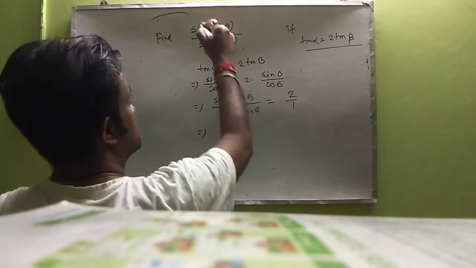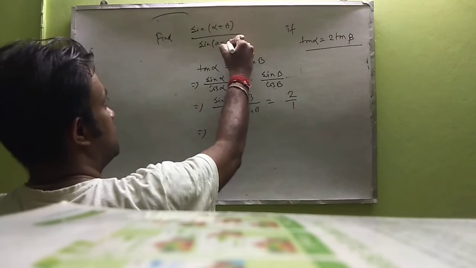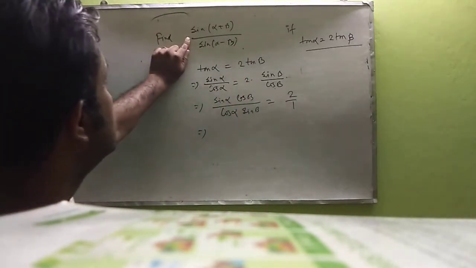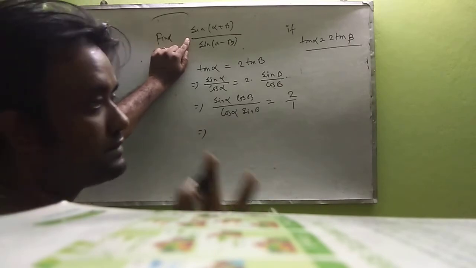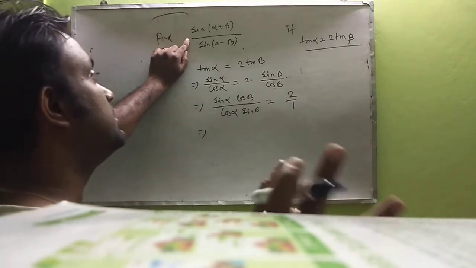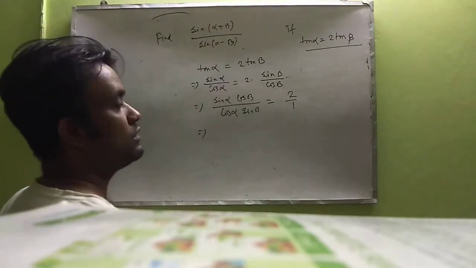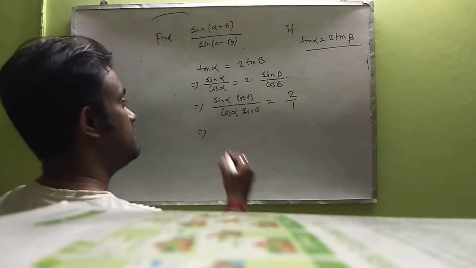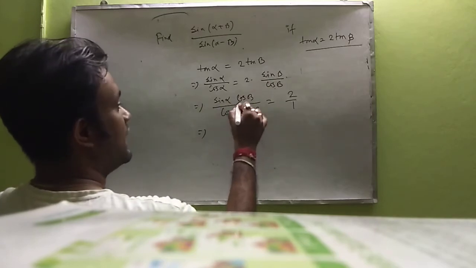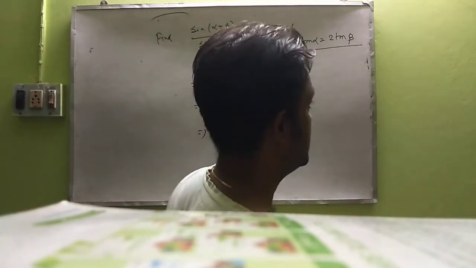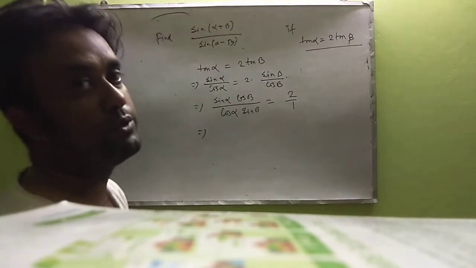Now we follow this sine of alpha plus beta, sine of alpha minus beta. Some basic sense will come to your mind that we have to bring sin alpha cos beta plus cos alpha sin beta. To do this, we apply the componendo and dividendo rule.